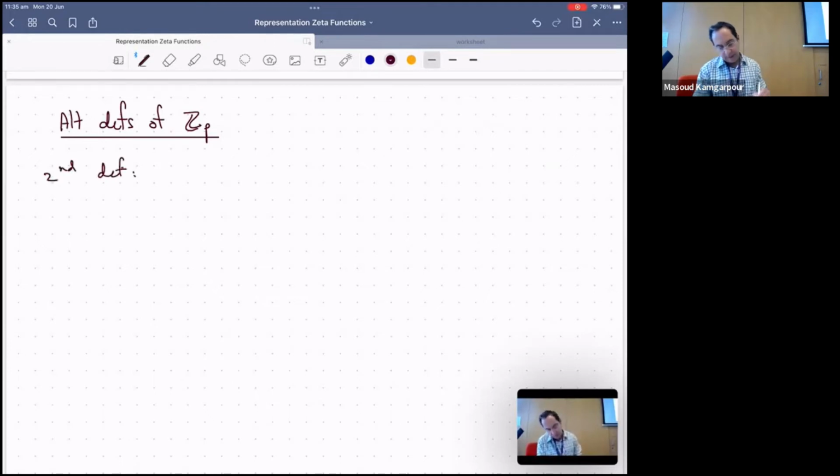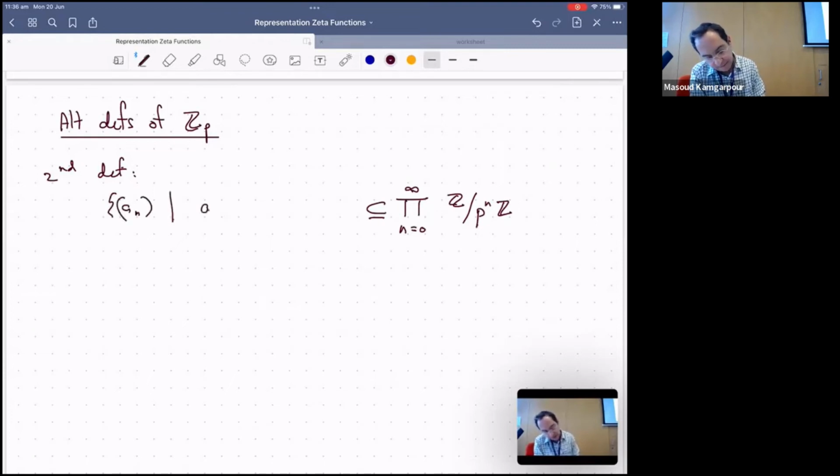I'm taking the infinite product of Z modulo p^n Z, where n goes from 0 to infinity. So this is an infinite product of the finite rings. And inside, I'm looking at the sequences a_n such that a_{n+1} is congruent to a_n modulo p^n.